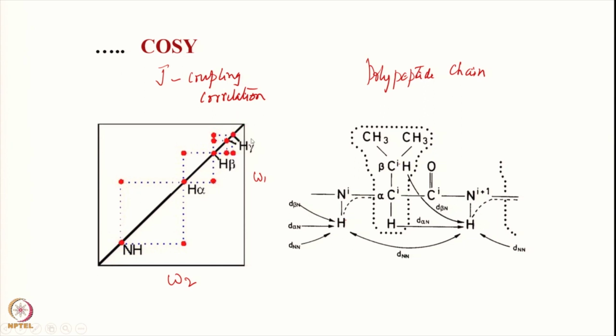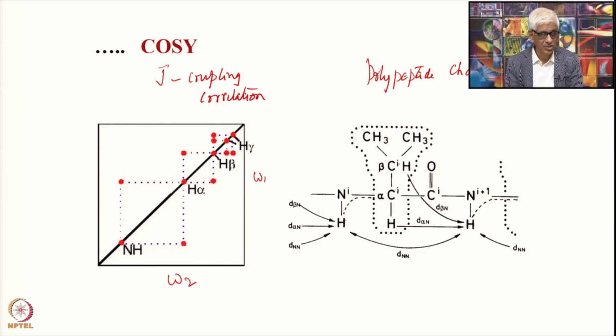And what is this residue? Those of you who remember the amino acid structures will recognize it: NH, C alpha, C beta H, 2 CH3 groups, this is the valine residue.